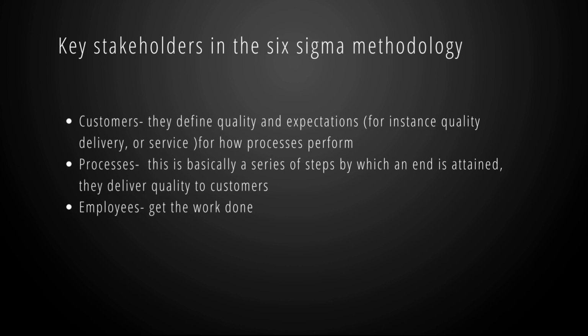So when we talk about processes, they deliver quality to customers. By having a good understanding of the processes, an organization can make changes under the Six Sigma framework to always deliver quality to customers. So processes are basically a series of steps by which an end is attained.